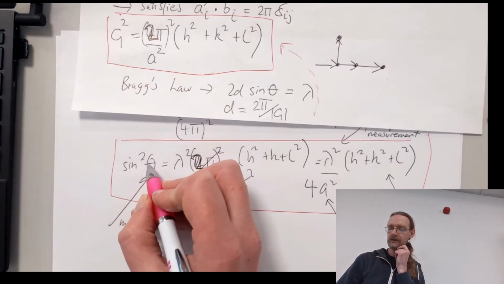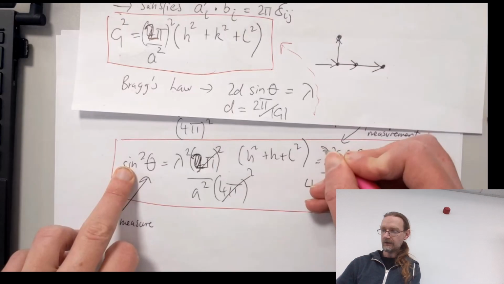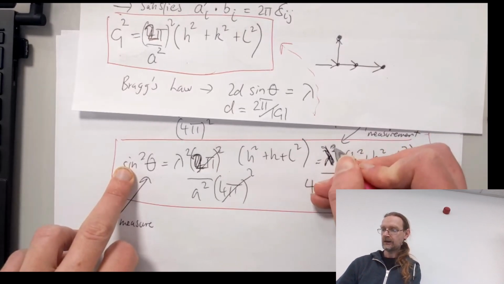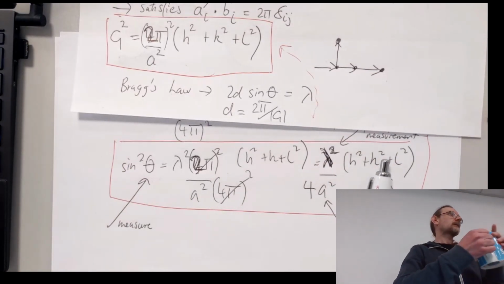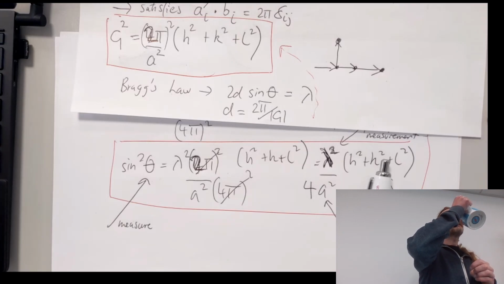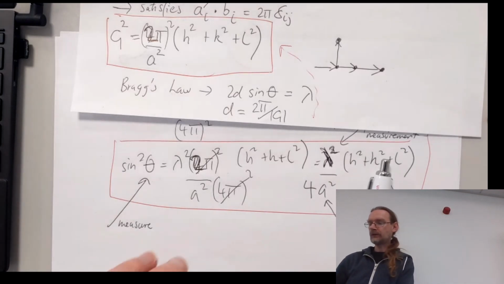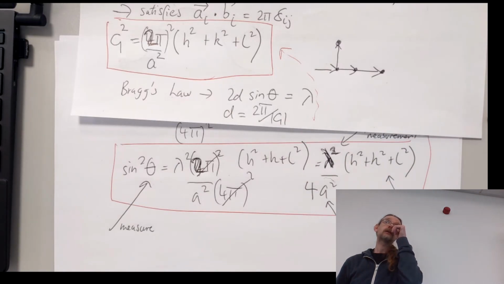Each of those sine squared theta values should have lambda squared. If we're using the same X-rays for each measurement, lambda squared should be the same for each. And if our sample is the same, a squared should be the same for each one of those reflections.